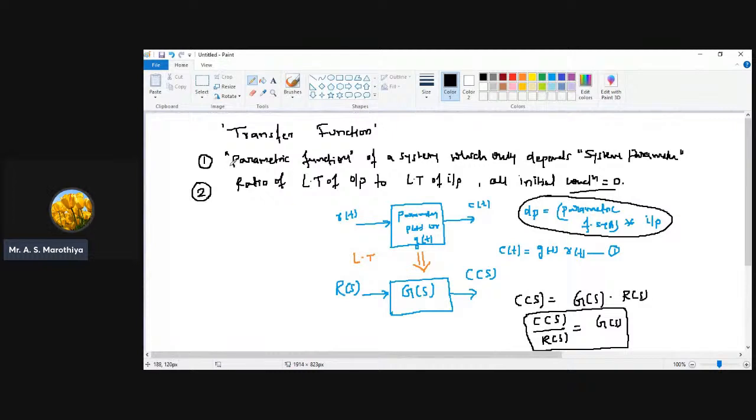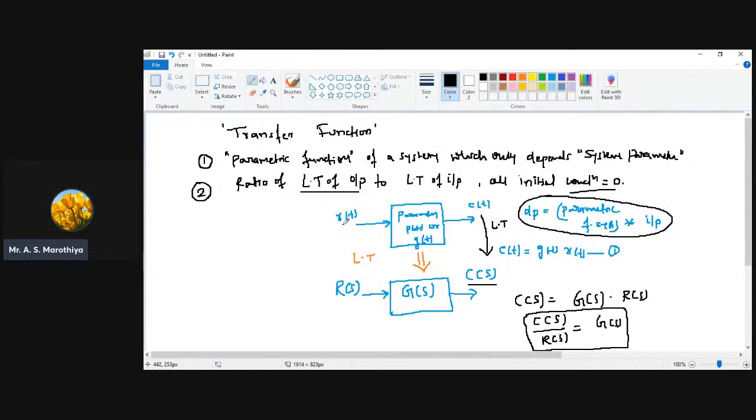Why? Because, see, definition number 2 defines it as the ratio of Laplace transform of output. Now what is C of S? C of S is nothing but the Laplace transform of output, because output in time domain is C of t. If you apply Laplace transform to C of t, it becomes C of S. This is divided by R of S. What is R of S?